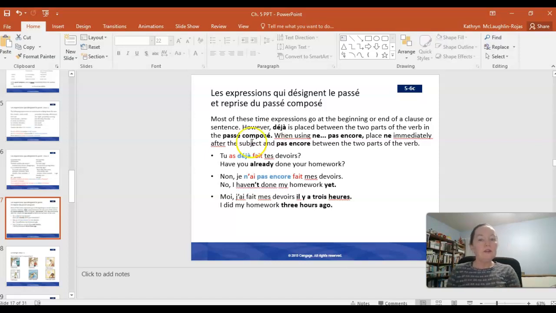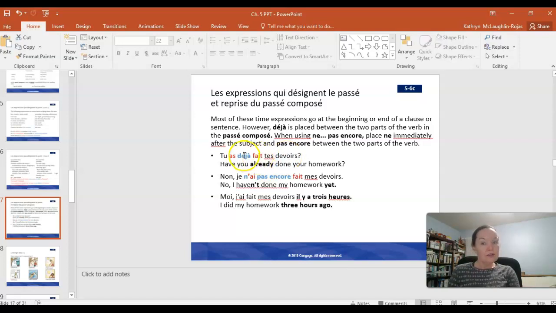But if you look at this question right here, tu as déjà fait tes devoirs. Déjà means already. And notice if you look at the colors, I think it really helps to see the placement of this word already, the adverb already. So a fait, this is conjugated with avoir.